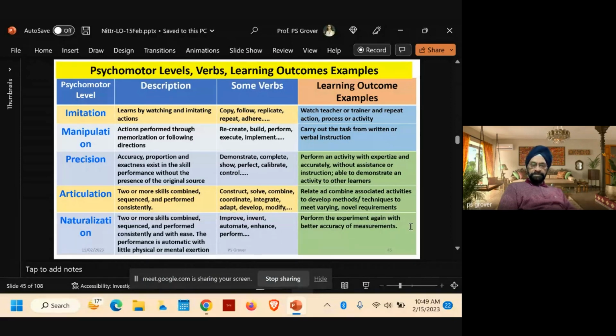This is especially useful for lab work, for medical doctors, and for persons who have sports as a discipline, let's say a BSc in sports science, because sports is an integral part of their learning. They may not be that relevant for a computer science student, but they are very relevant for a mechanical engineering student or a sports person undergoing a physical education program.